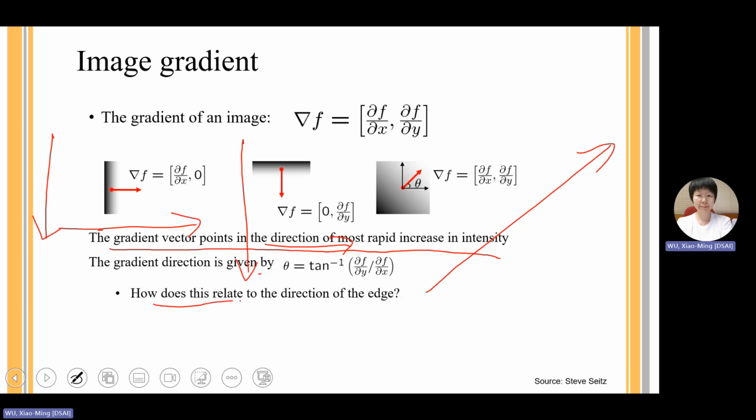How does this relate to the direction of the edge? How does the gradient direction relate to the direction of the edge?